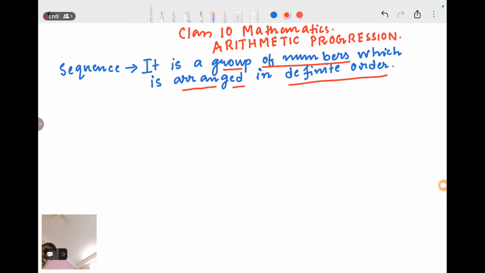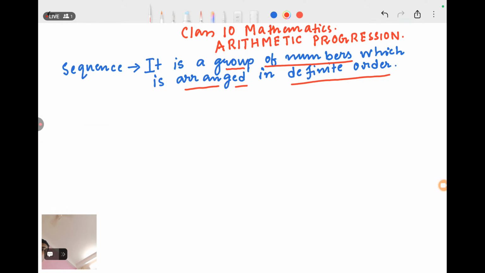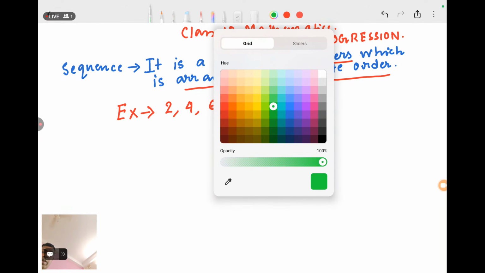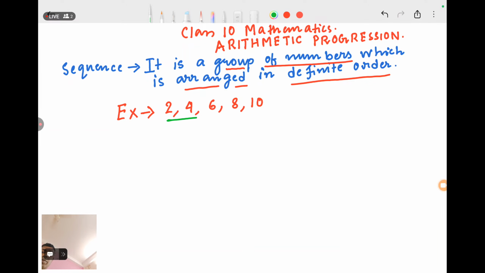I will write an example for you: 2, 4, 6, 8, 10. Can we call this a sequence?